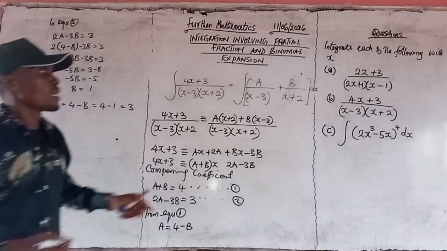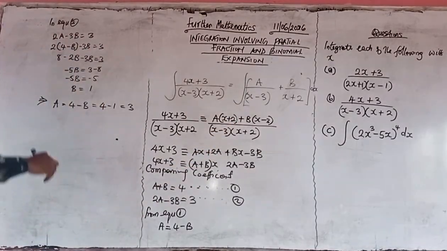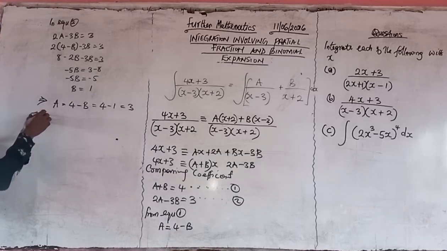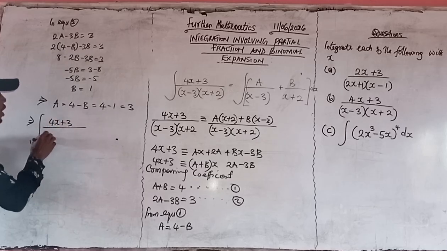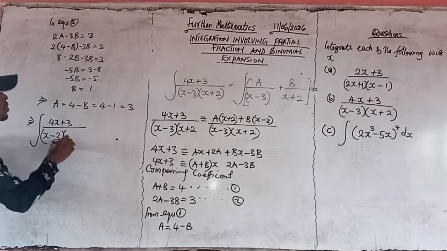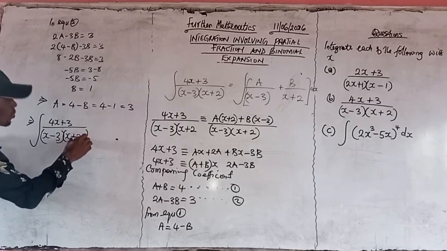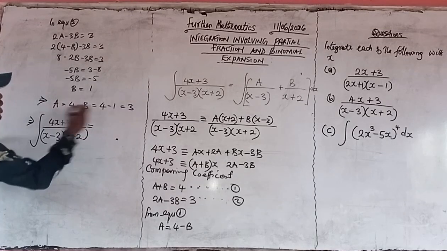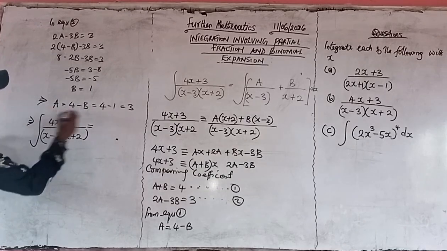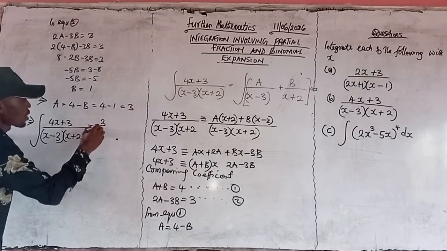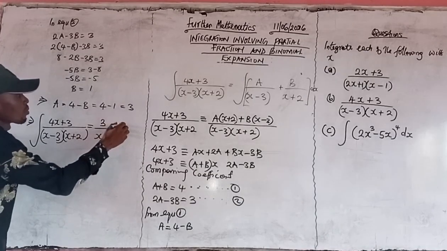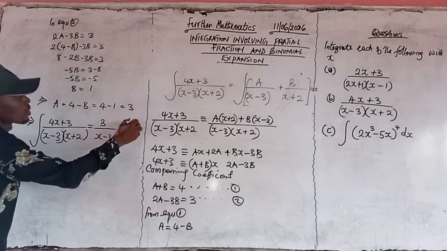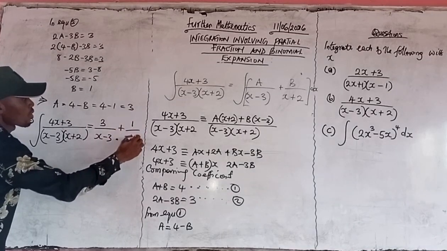So we can go ahead and substitute our values of a and b. Now, this implies that the integral of 4x plus 3 over x minus 3 times x plus 2 is equal to, a is equal to, sorry, a is equal to 3, so we have 3 all over x minus 3 plus b is equal to 1 all over x plus 2.